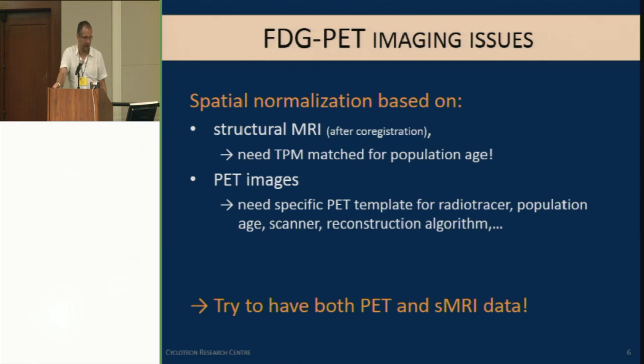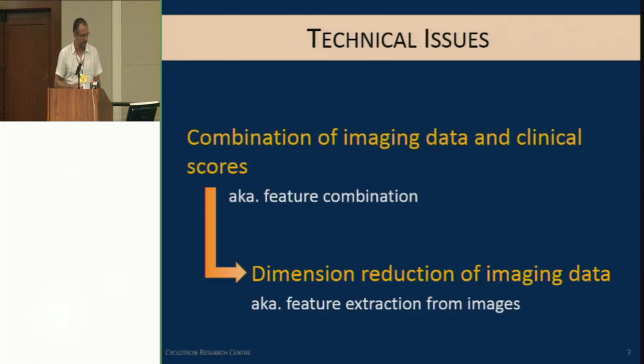And depending on the algorithm, you may or may not have some types of artifacts in your images. So all in all, dealing with PET images requires quite specific spatial preprocessing, and if possible, try to have also a structural image along, which can really help, on top of also providing information about gray matter density if you do the segmentation.